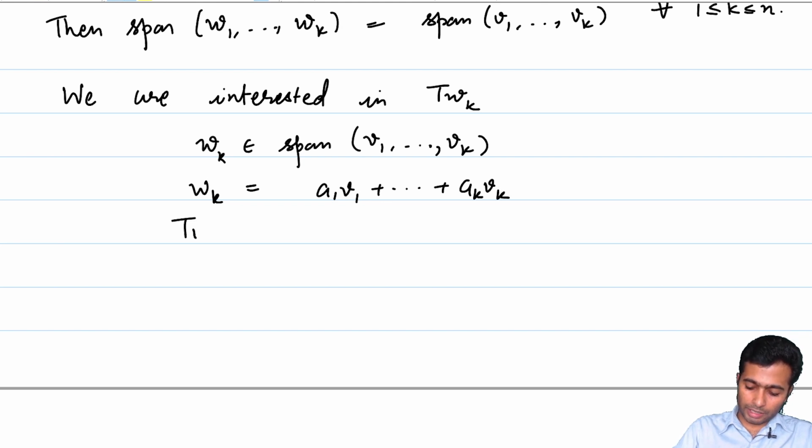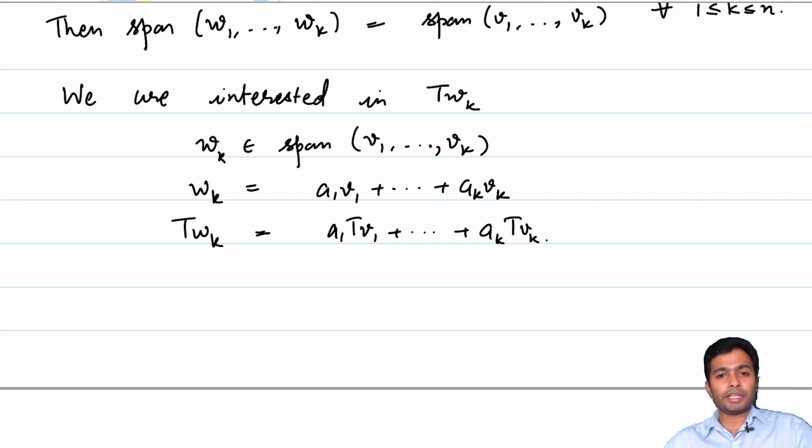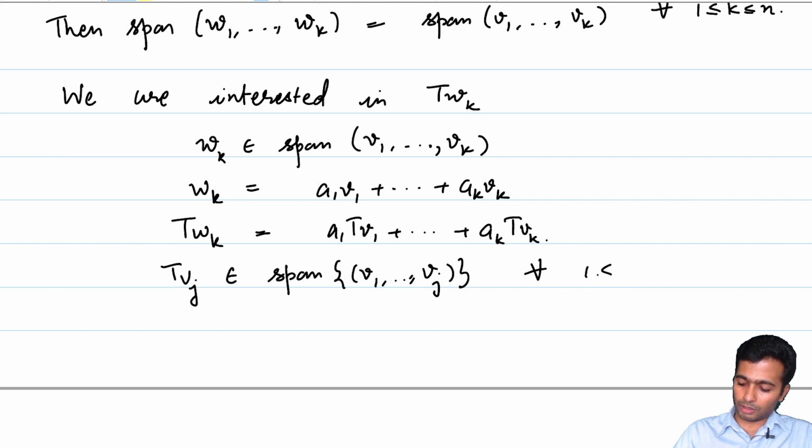And if you look at TWk, this is just going to be equal to a1 TV1 plus up to ak TVk. But each of these TVj belongs to the span of V1 to Vj, for each j with 1 less than or equal to j less than or equal to k.